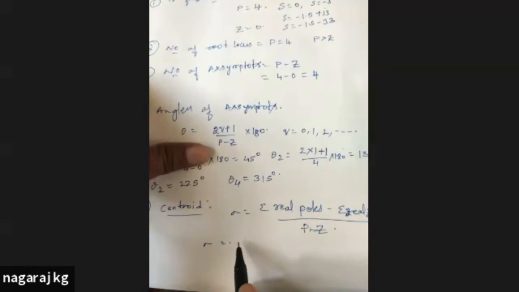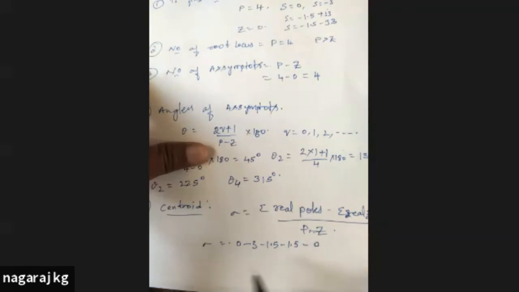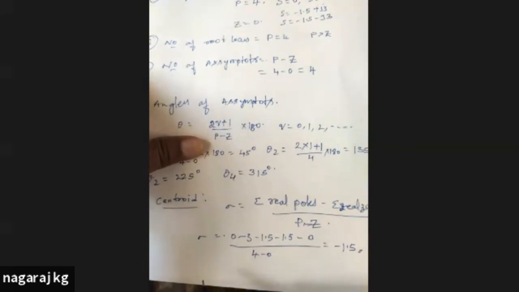So substituting all the real terms, 0 minus 3 minus 1.5 minus 1.5, and since there are no zeros, the zeros sum is 0, divided by p minus z, that is 4 minus 0. When you calculate this, you get sigma as minus 6 by 4, that is minus 1.5. So minus 1.5 is the centroid point for the asymptotes.